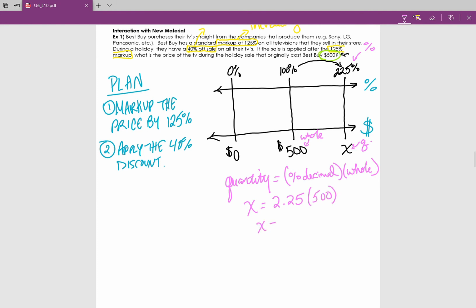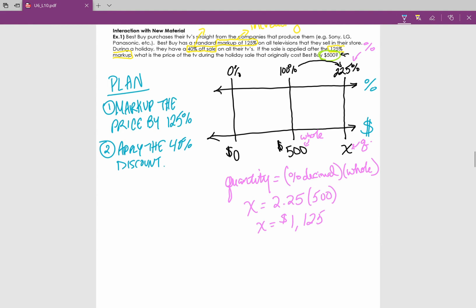And I know when I multiply those two, I'm going to get 1,125, I believe. Let me just check my math. It is 1,125. Great. So now that we have this, this is our markup price.